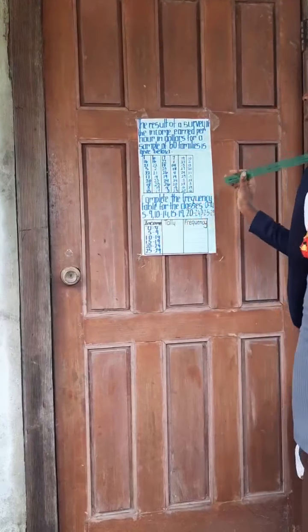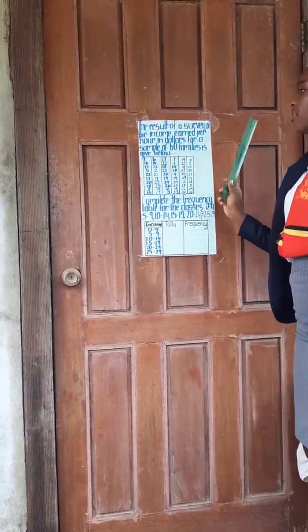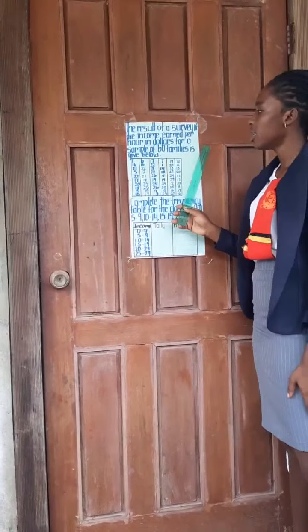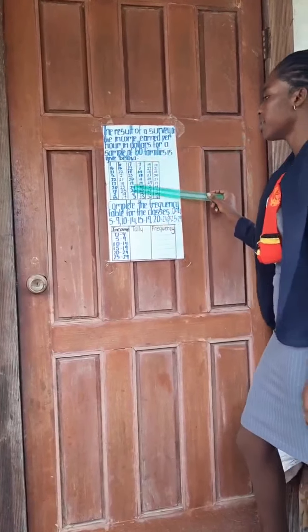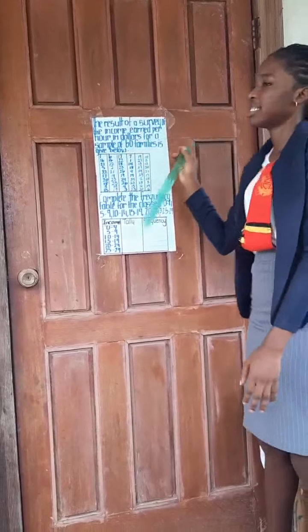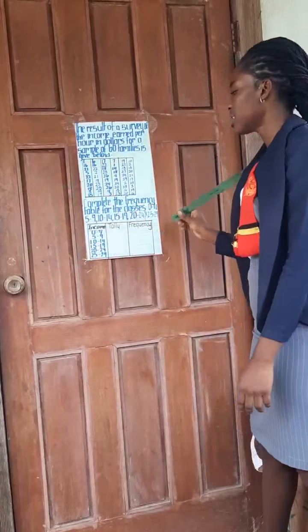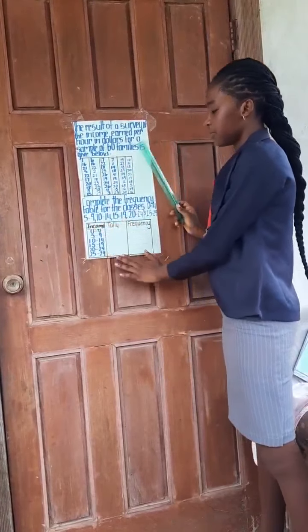It says the results of a survey of the income earned per hour in dollars for a sample of 60 families is given below. Alright, so this is the data that is given. What I want you to do is to complete this table below.